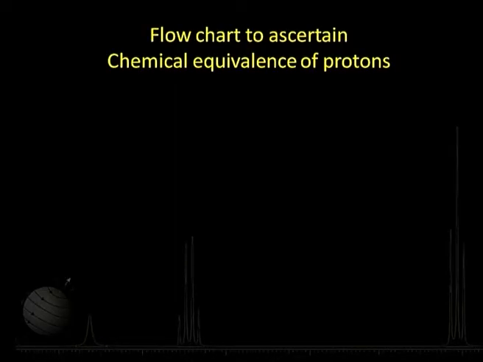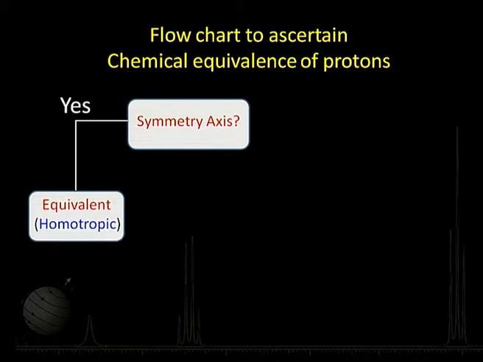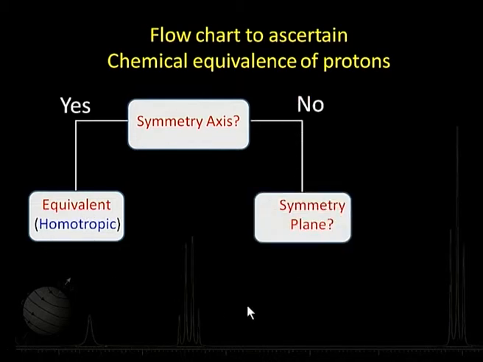Now, having talked about the criteria for ascertaining the equivalence of protons in a given molecule, let us look at a flow chart to find out whether the protons are equivalent or not. The first question we have to put forth is, are these related by some kind of symmetry axis? If the answer is yes, we can straightaway say that these protons are equivalent, and such protons are referred to as homotopic in nature. If the symmetry axis is not there, then we ask another question: is there any symmetry plane which relates the two protons?